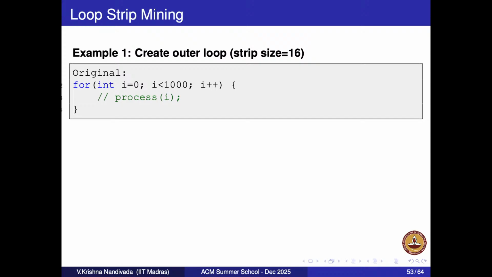If I distribute the loop, I'll do sum plus equal to A sub i, and then one more for loop. Now in this loop I'm accessing elements of A in order, they're all coming into the cache. Cache locality will take care of it, so it will fill in all the required elements in the cache.